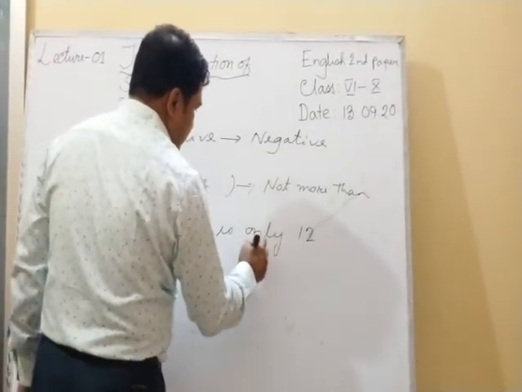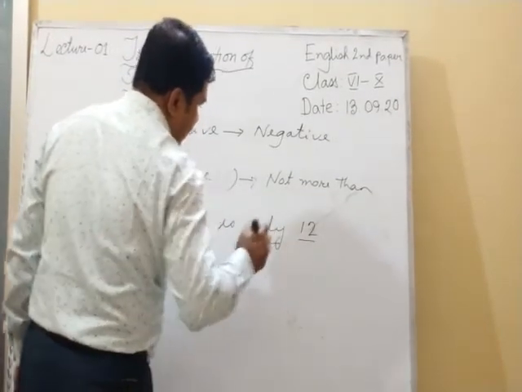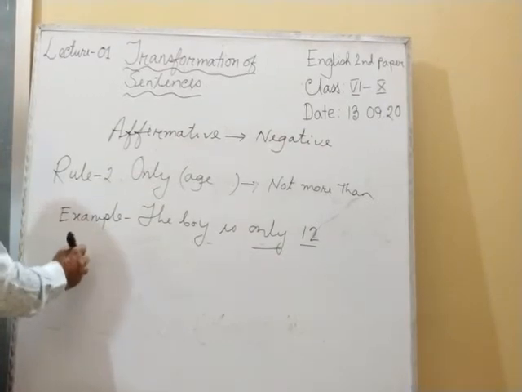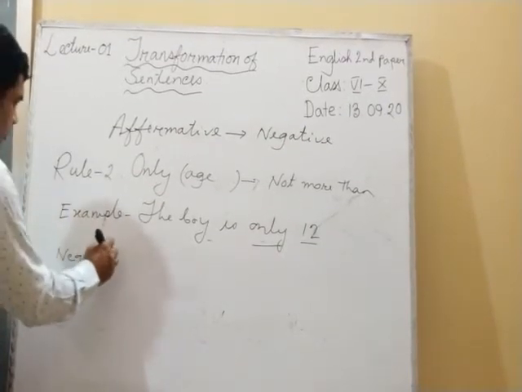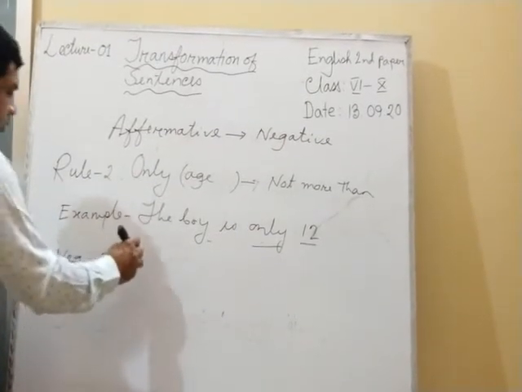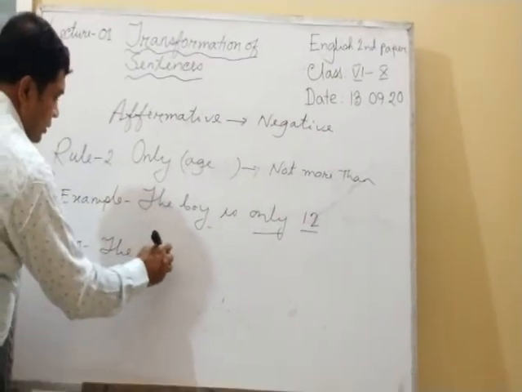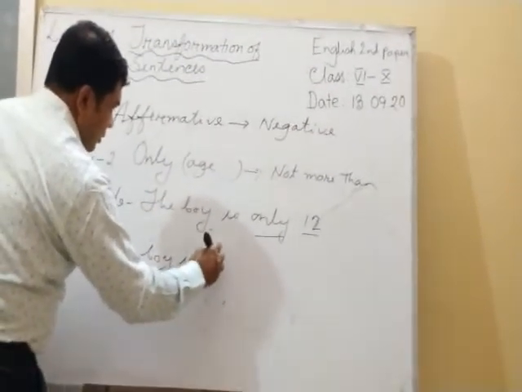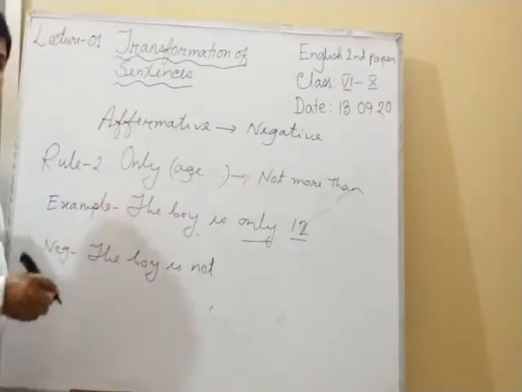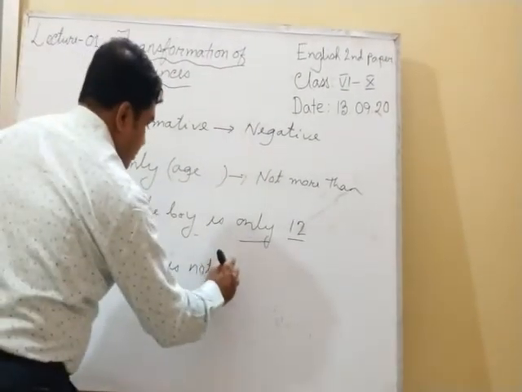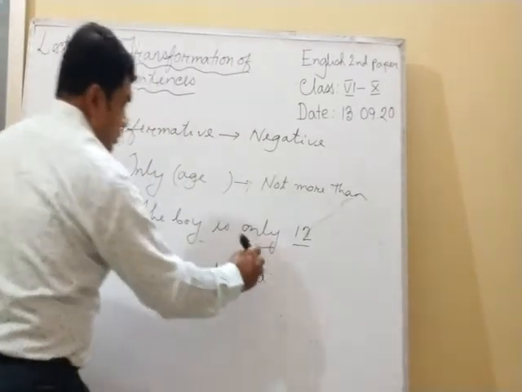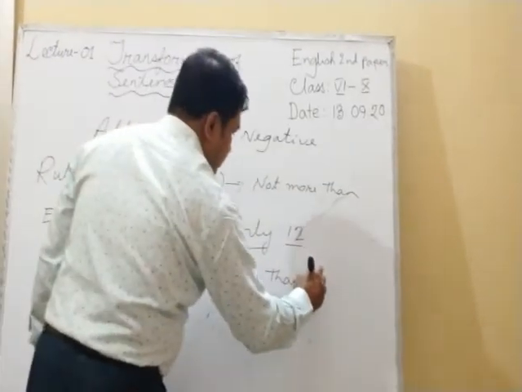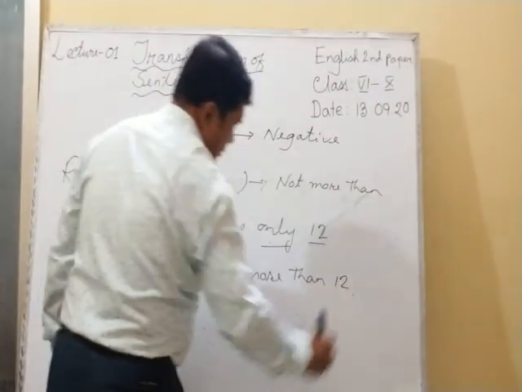Only is used before age. So the negative will be: the boy is not more than 12. Clear?